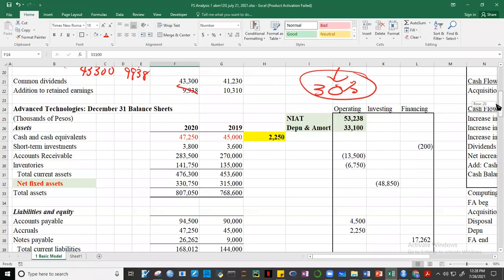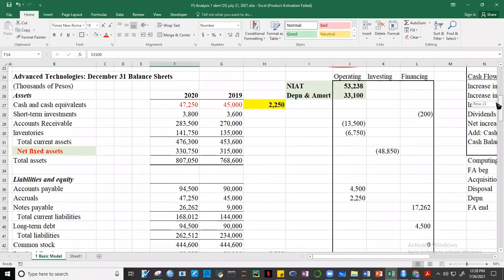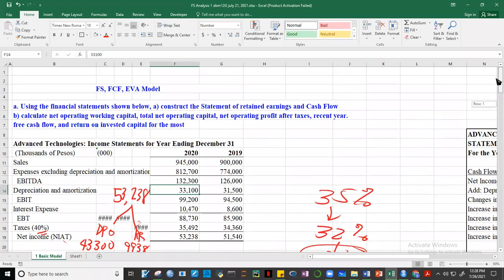Okay, any other questions, guys? Okay, thank you, Benj. Thank you, Jillian and Benj, for the questions. Okay, may question pa ba dito? Any more questions, guys? We have 2 more minutes. Okay, ako ang magtatanong.